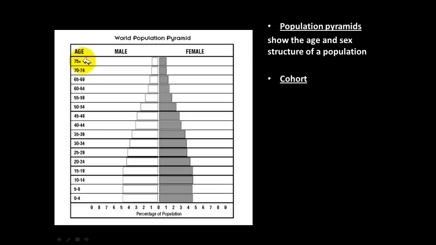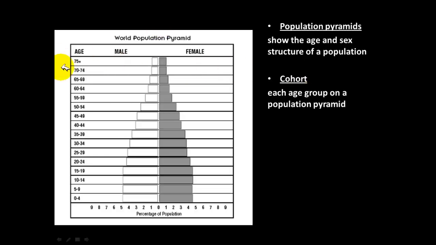When you take a look at the population pyramid, if you would take a look at this graphic, the age goes down one side. On the right, and in the middle, you'll see the sex, whether they're male or female. Now, a cohort is each age group within a population pyramid.